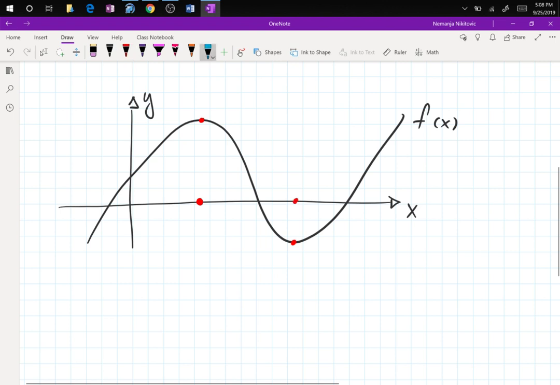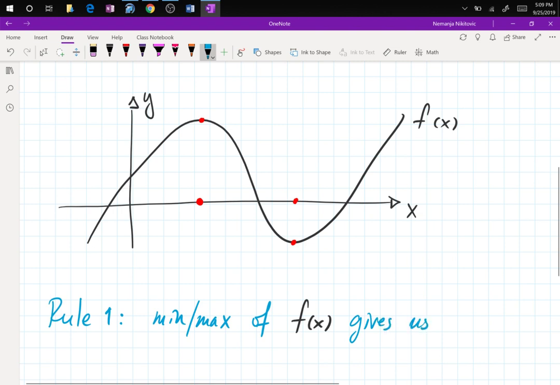So rule 1: min and max of f of x, that's black, gives us x-intercepts for the derivative, which is f prime of x.